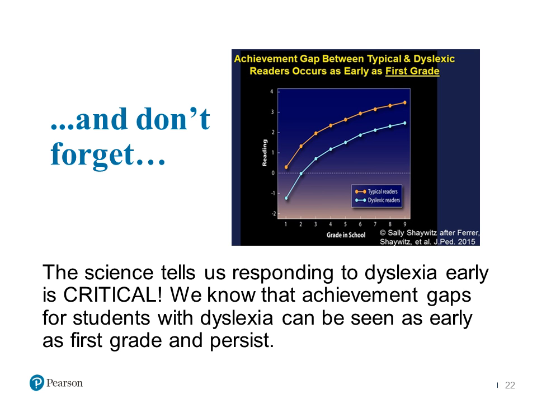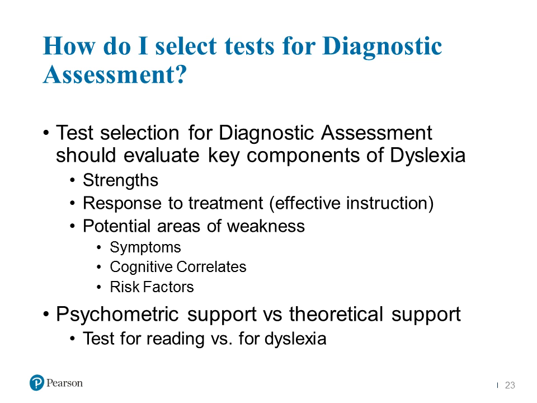So the why is, of course, we need to figure out how to identify these children earlier. And if we go back to the psychometrics that I talked about earlier, the psychometrics are strong enough that we can feel that our conclusions are going to be sound.